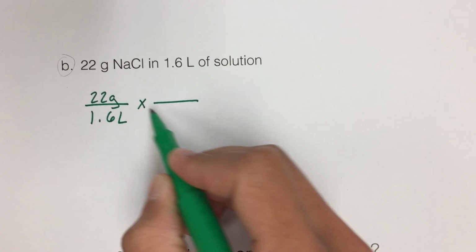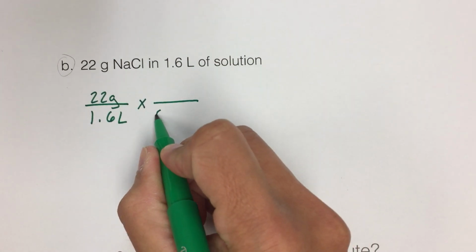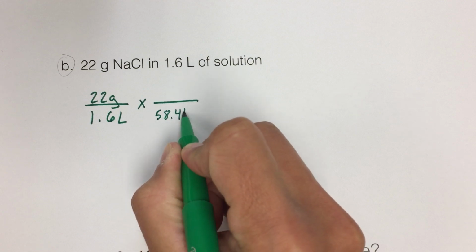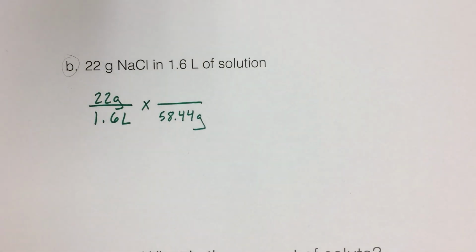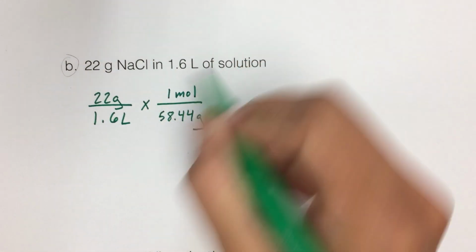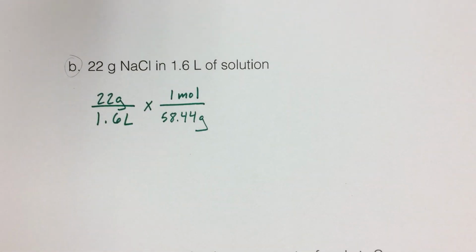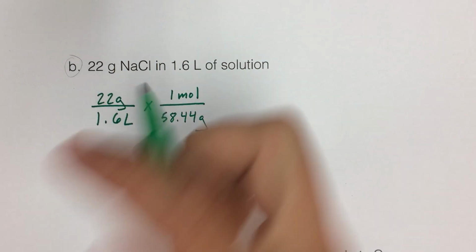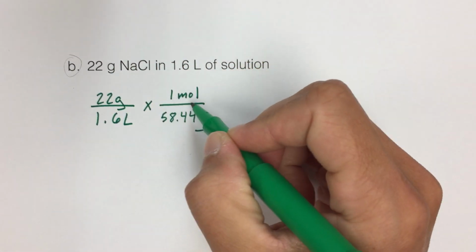And so since grams is here, I need to put that molar mass on the bottom. And it's always going to be 1 mole if I got those numbers off the periodic table. Normally, I know I write out NaCl.